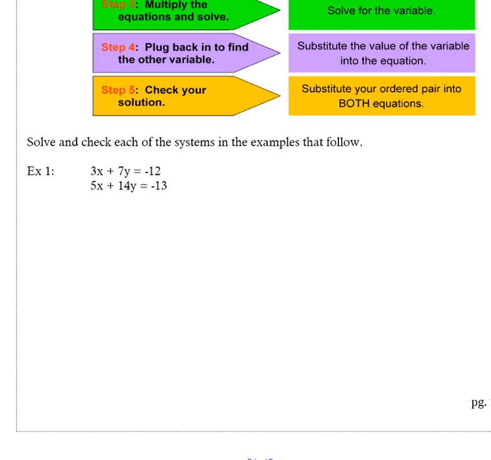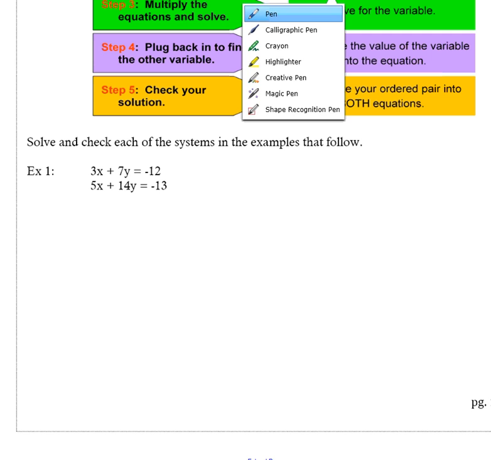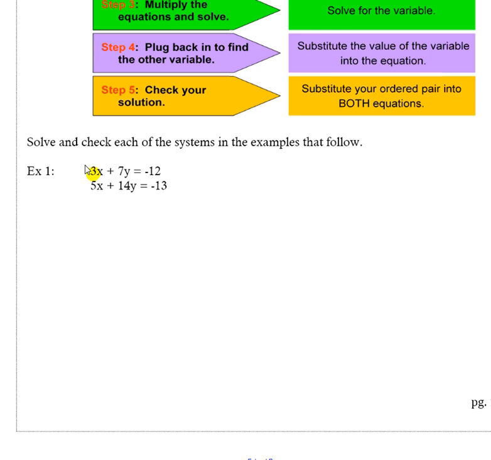Solve and check each of the systems in the examples that follow. So in example 1, we have our equations both set up in standard form, ax plus by equals c. But if we look at each one of the coefficients, and we see a 3 and a 5 under the x, and a 7 and a 14 under the y's, neither one of those will cancel as they are.